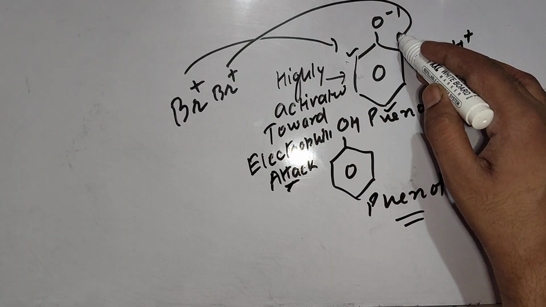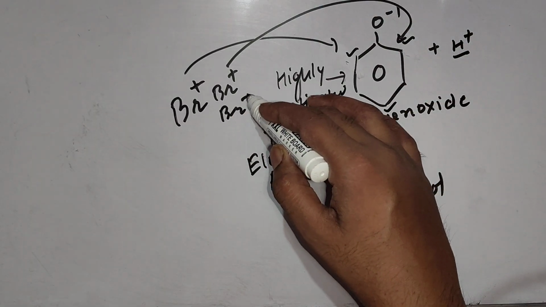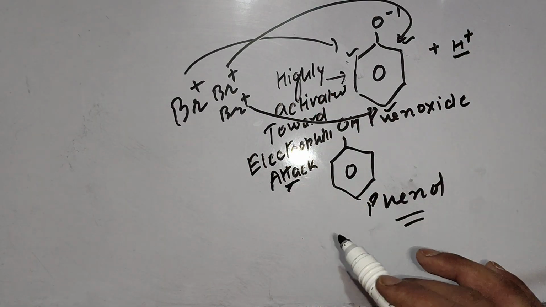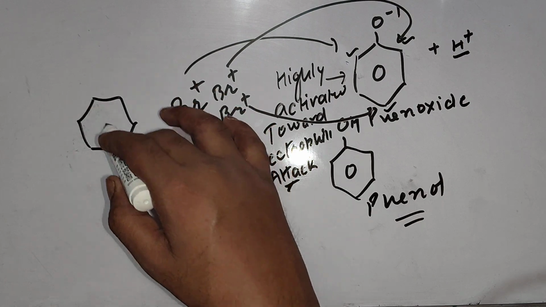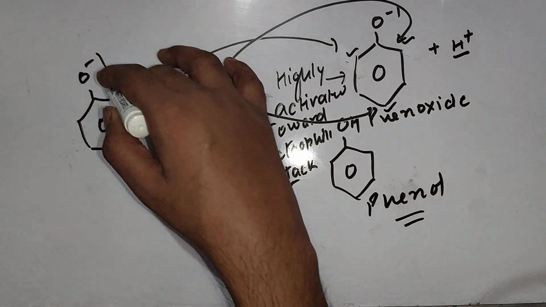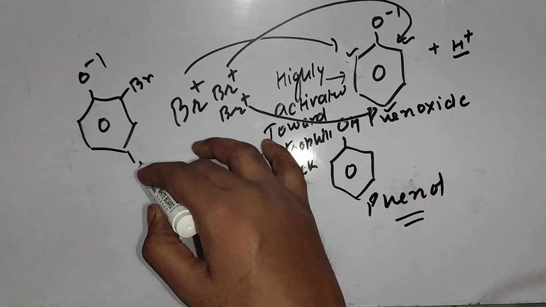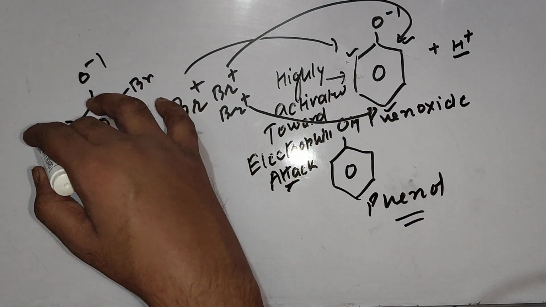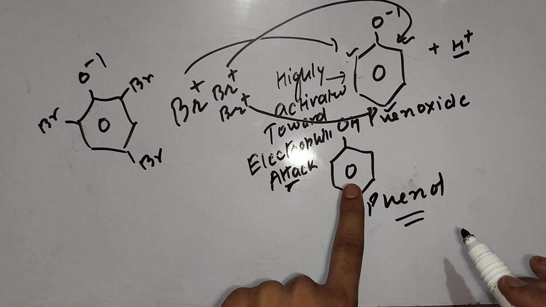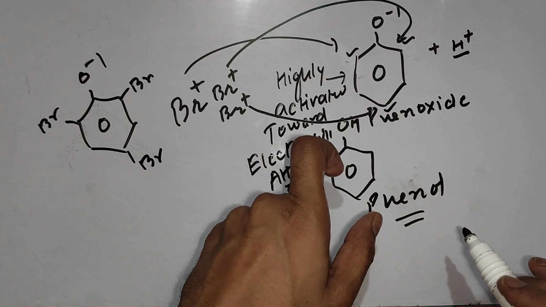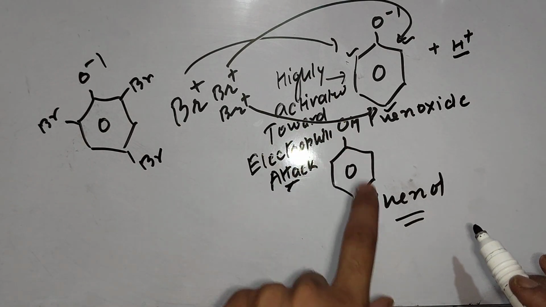Three brominium ions can simultaneously attack these three positions, and we can get a tri-substituted product, like this. Whereas with this phenol, as we have just discussed, the benzene ring is not so activated.